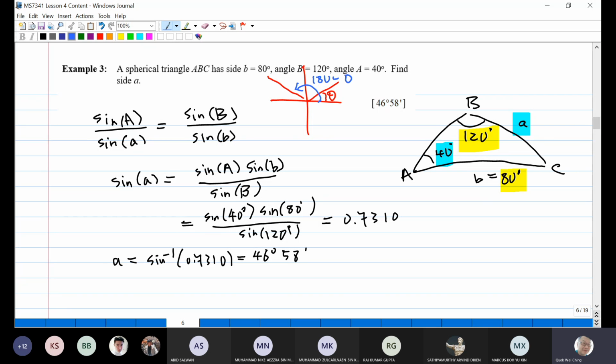What we have is that sine of 180 minus theta is actually the same as sine theta.